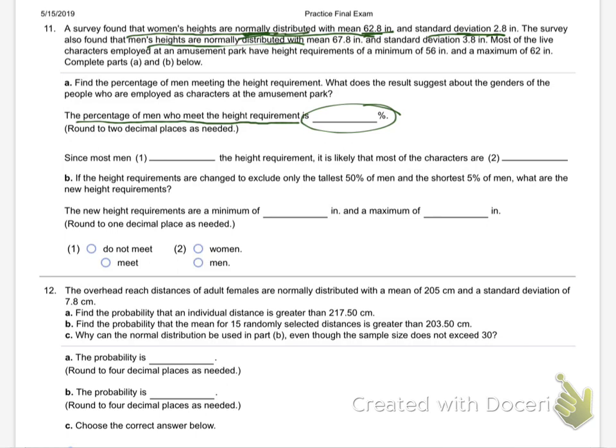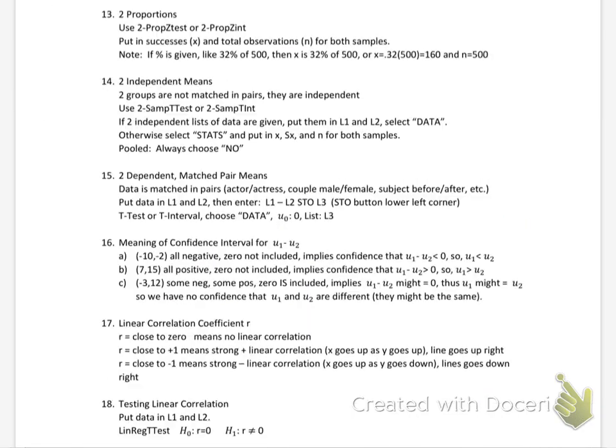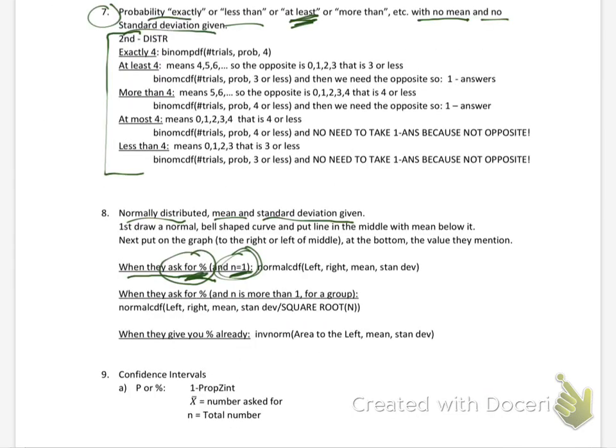This is, again, notes number 8. And there's no mention of an n greater than 1. So this is the first subsection again. It's just like the last problem, right? Let's go back to it. See?